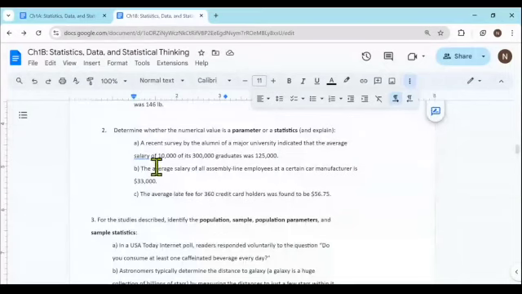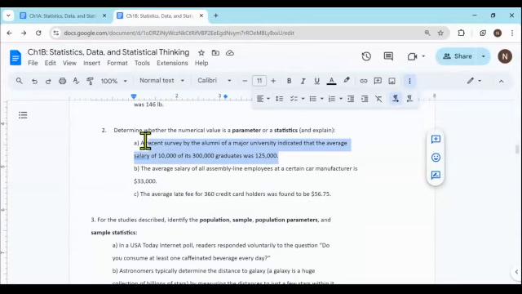Your turn. Determine whether the numerical value is a parameter or a statistic and explain. A recent survey by the alumni of a major university indicated that the average salary of 10,000 of its 300,000 graduates was 125,000.